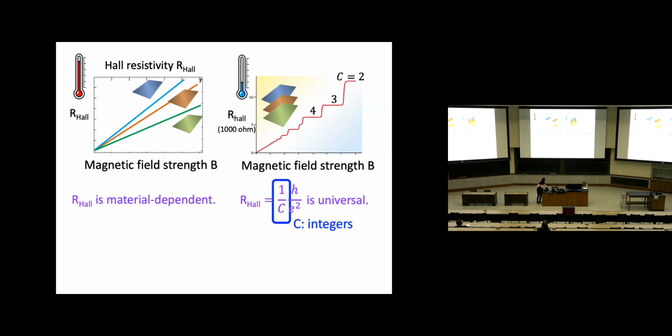And then how about this first part? This C here is always an integer. For instance, if you look at this first step, it's C equals 2, because remember, I said that this second part is like 26,000 ohms. If you divide it by 2, then it's roughly 13,000 ohms.